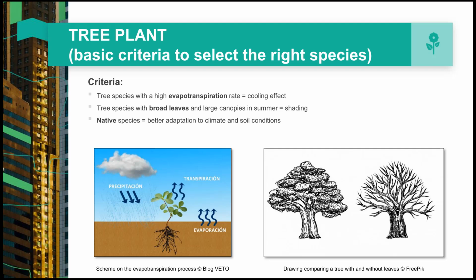Use broad-leaved tree species with large canopies to maximize shade in summer, but with open canopies in winter to allow solar radiation to pass through and hit the surface. And prioritize the use of native species to ensure that the trees are adapted to the climate and soil conditions.